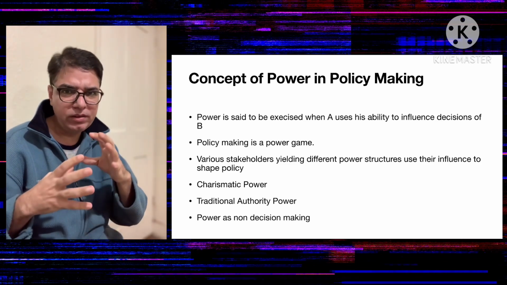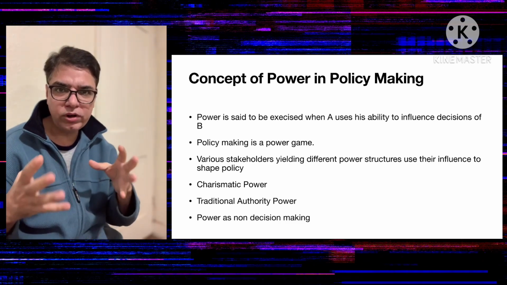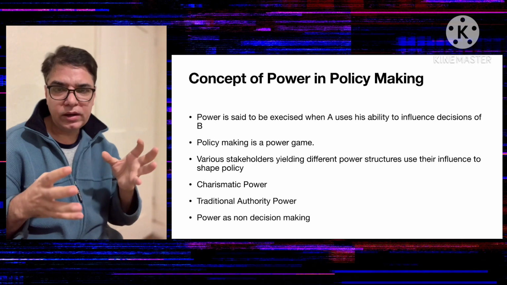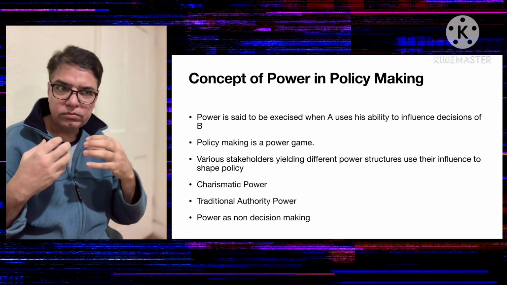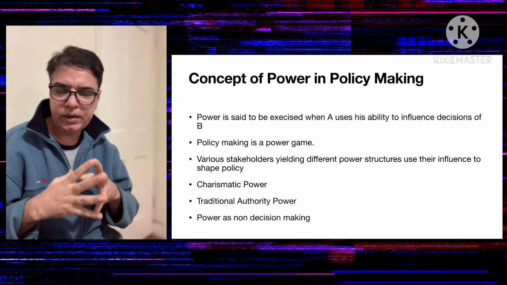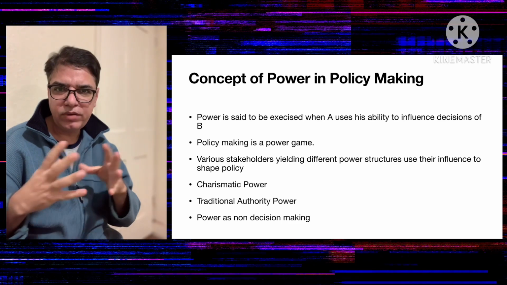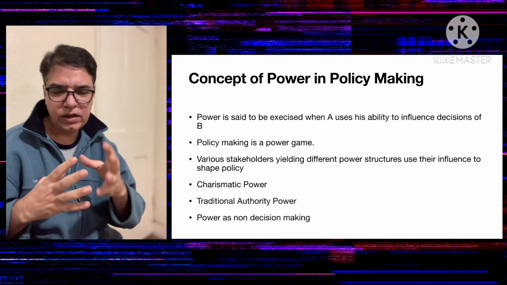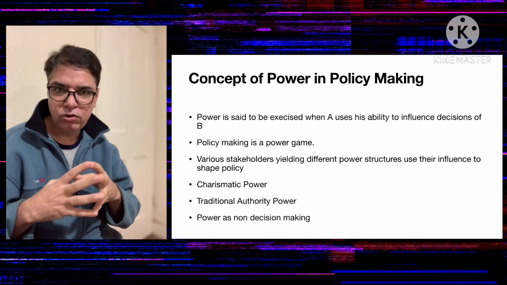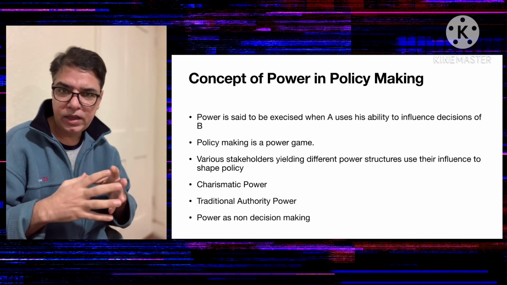I think in one of my future lectures I will talk about stakeholders as well, and how we do a stakeholder analysis to see which stakeholders wield more clout or more influence on policy making. But nevertheless, remember, whenever you are making a policy, there are various stakeholders. These stakeholders can be the government, the public, or different interest groups whose interest could be affected either in a positive way or in a negative way.